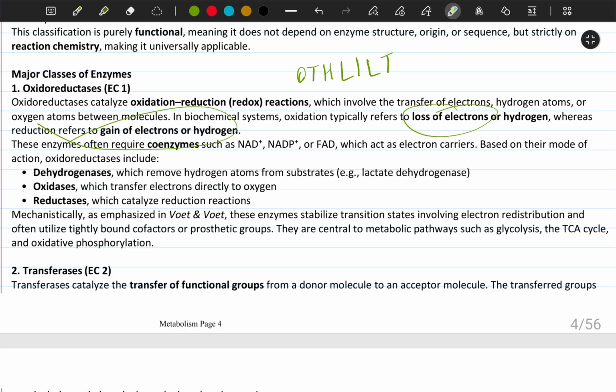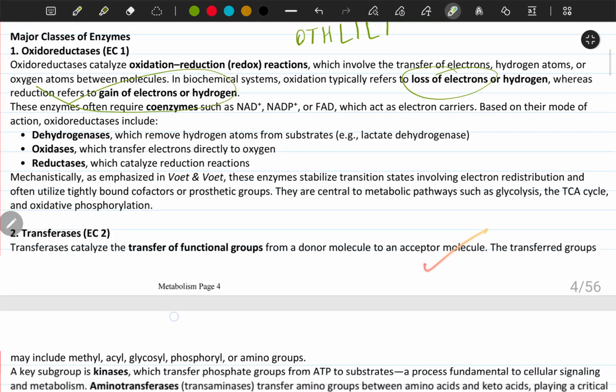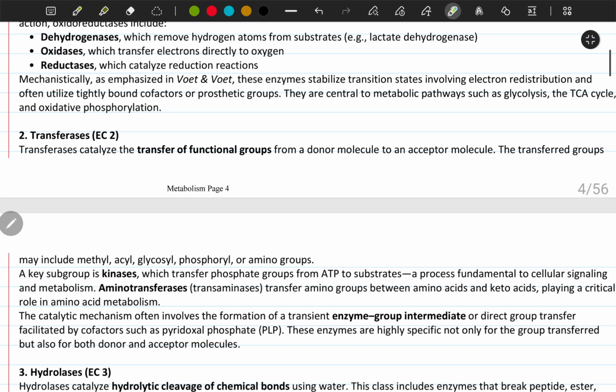Second is transferases. Transferases catalyze transfer of a functional group from a donor molecule to an acceptor molecule. The transferred groups may include methyl, acyl, glycosyl, phosphoryl and amino groups. A key group is kinases, which transfer a phosphate group from ATP to a substrate, a process fundamental to cellular signaling and metabolism.